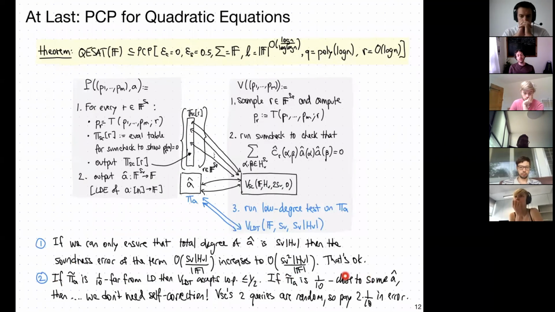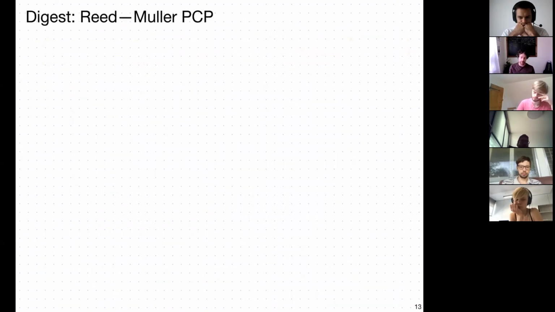But if we are close, then, as opposed to the Hadamard setting, where we really needed self-correction, here the two queries that we have happen completely at random, so we can just pay a union bound over these things. Alternatively, we can draw a random line and correct the point by interpolating the value along a random line. So there are two approaches that you can take.